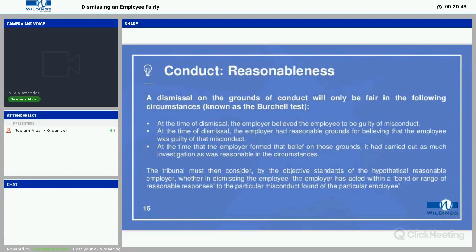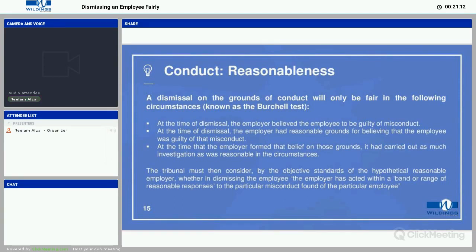Now, let's say the employer goes on to dismiss that employee following a few events without going through a warning stage, a written warning stage, or a final warning stage. So it's likely in that kind of scenario that the tribunal will find that it's not within the band or range of reasonable responses that were open to the employer, because there was the option of giving them a warning, potentially a final warning, before the dismissal.